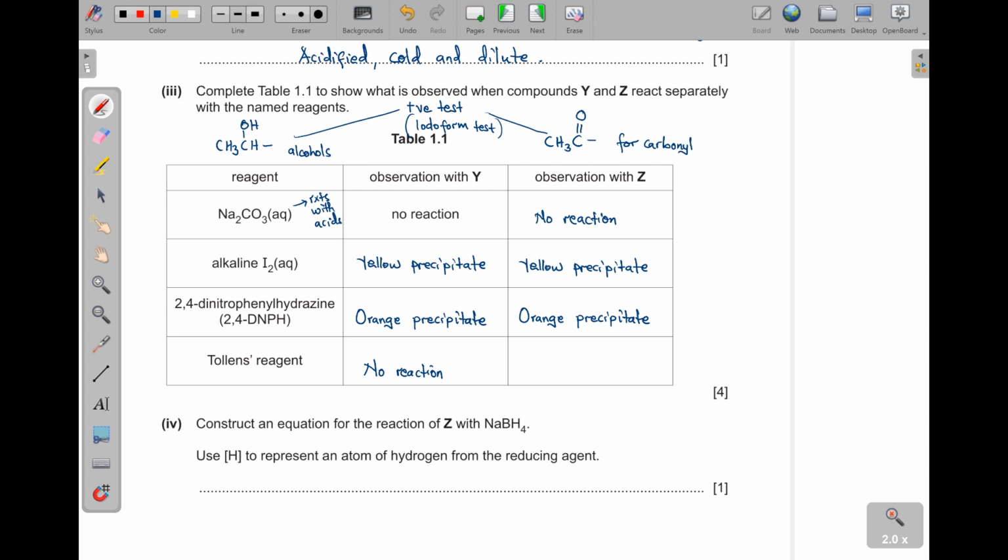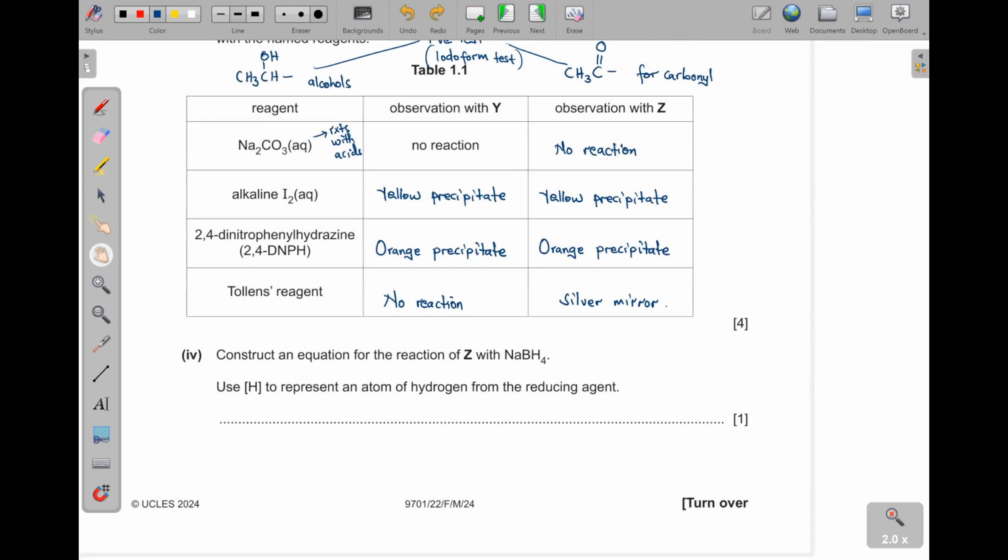And then there is a positive test for Z, which is an aldehyde, which is actually a silver mirror. As simple as that.